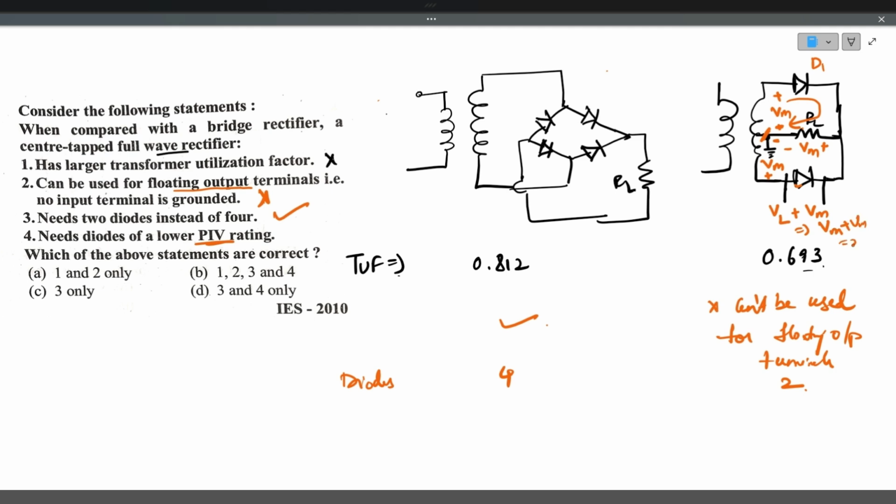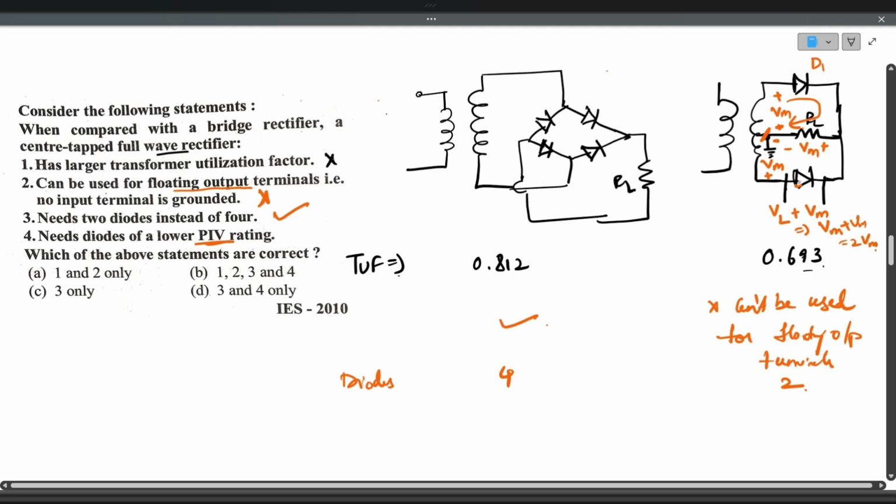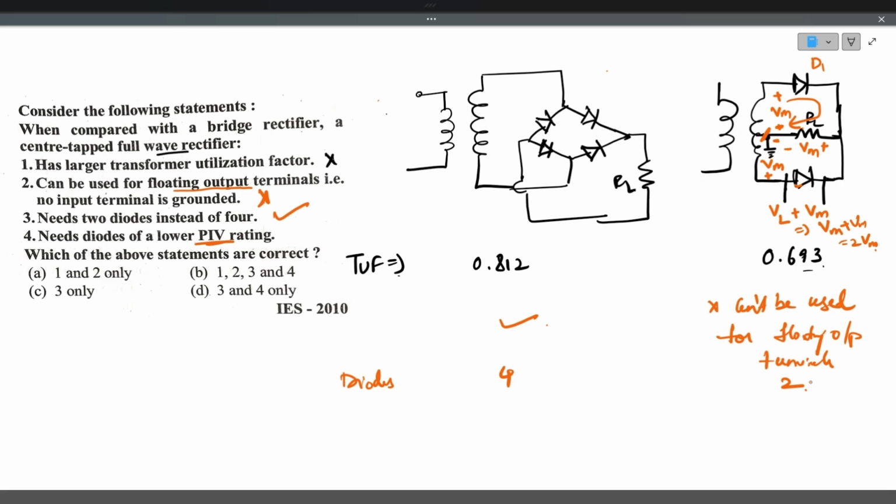So 2 times Vm is appearing across the reverse biased diode. The peak inverse voltage should be 2 times the maximum input voltage. So the PIV rating of the diodes should be higher for center tap. So this is also wrong. Only the third option is correct. So the answer is option C.